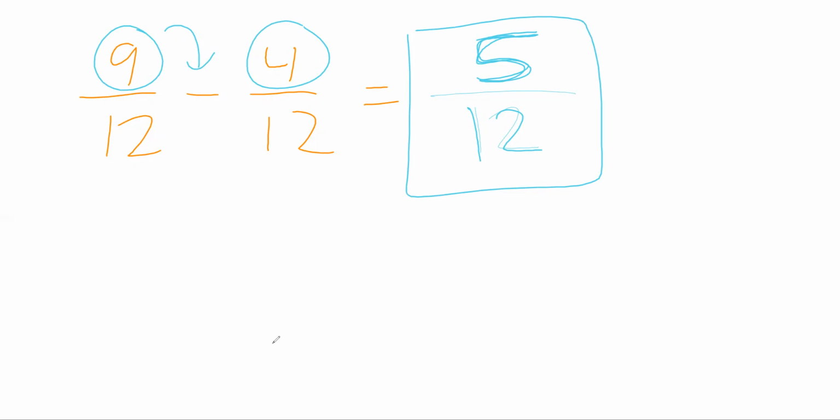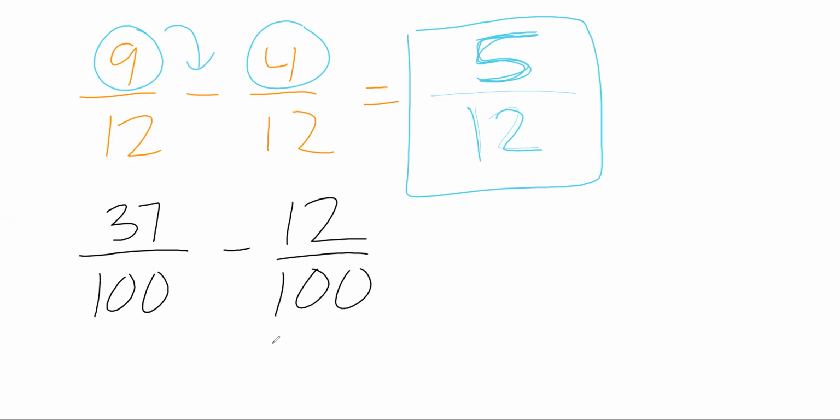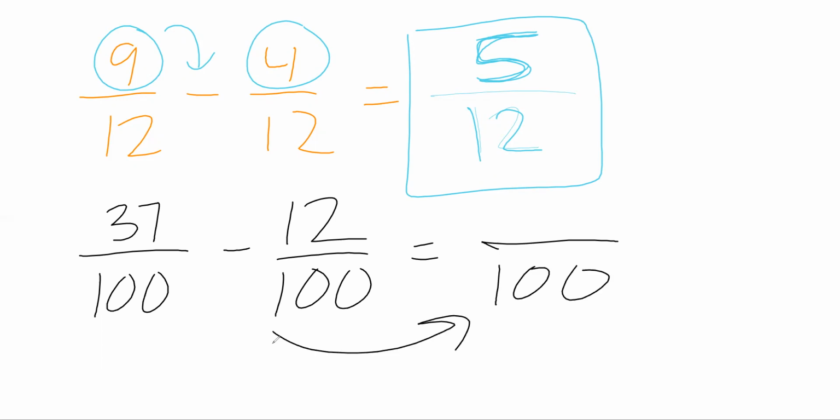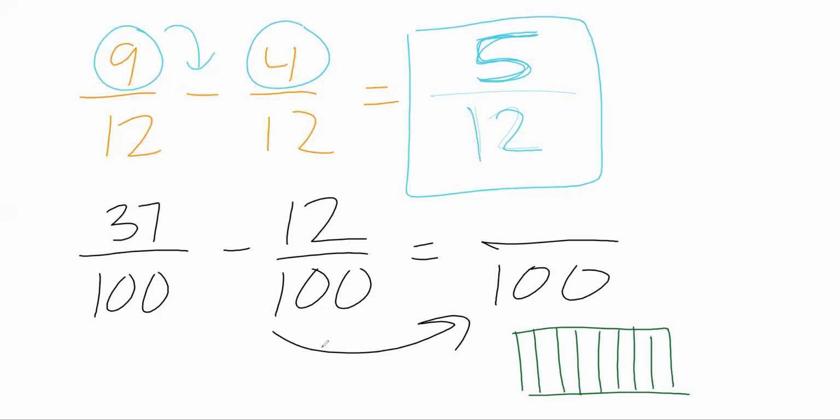And why this algorithm works really well is if we think about, what if we were given an example of like 37 hundredths minus 12 hundredths? And again, this only works when our denominators are the same, which they are. So we're going to call that 100, slide it over. And now we can just do that subtraction of 37 minus 12 instead of thinking about, oh my gosh, could you imagine if I had to take a model and cut it into 100 pieces, and then sit there and shade in 37 of them and then erase 12?